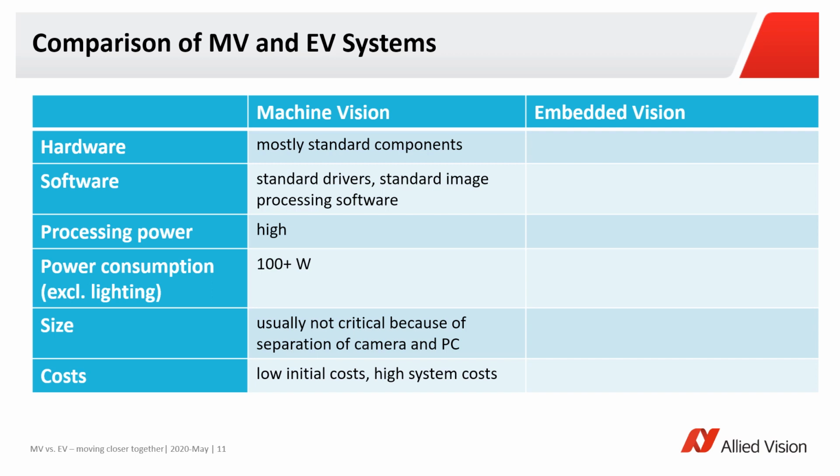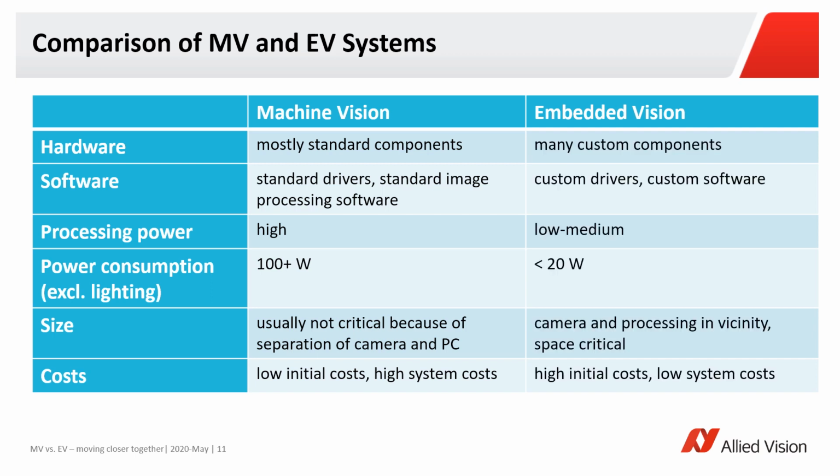On the cost side, because it's based on standard components, the setup costs and the setup speed is quite low. So the system can be put together quite quickly, quite easily. There is not so much customization necessary, so the setup costs are rather low. But then the costs of the system, because it's just standard components, are then rather high.